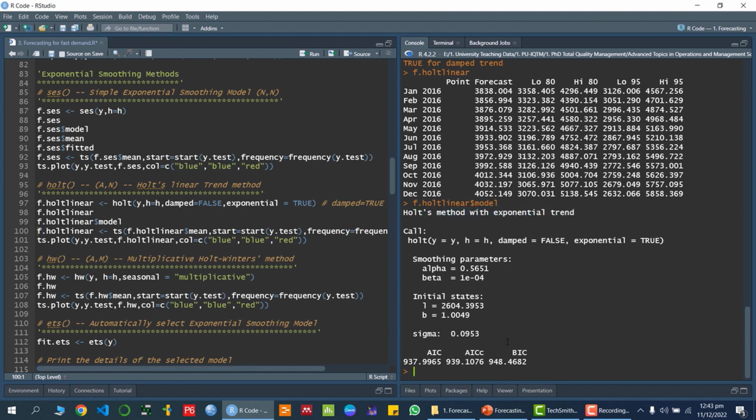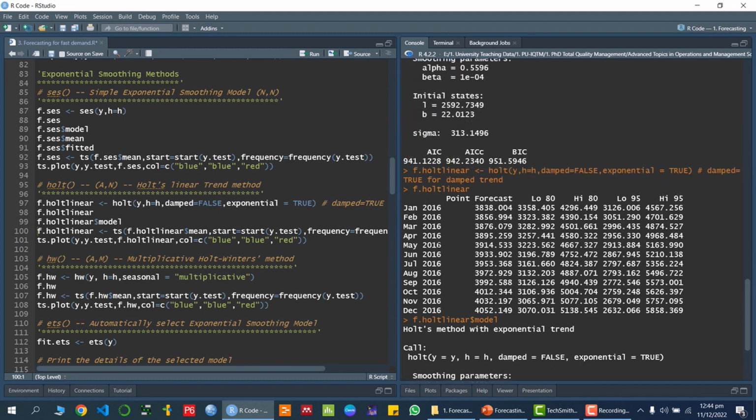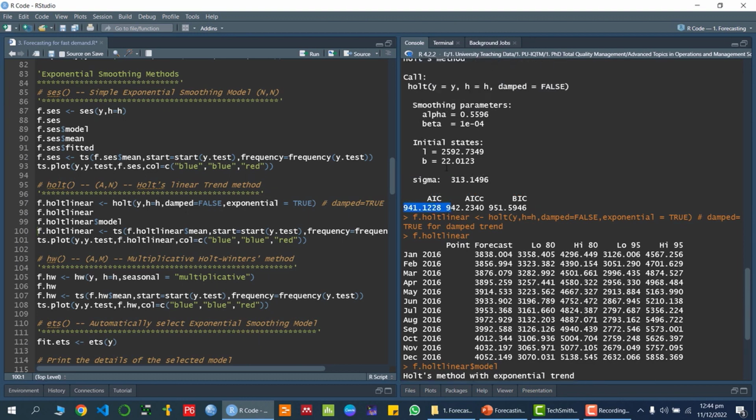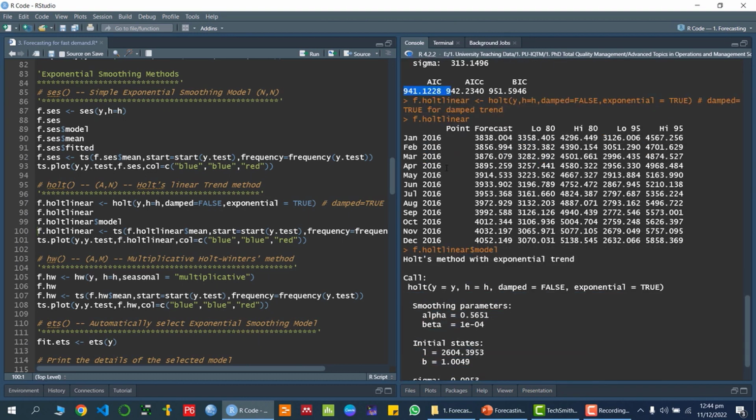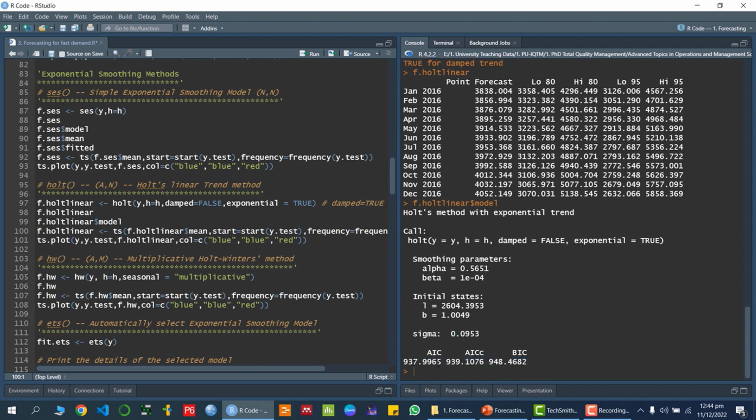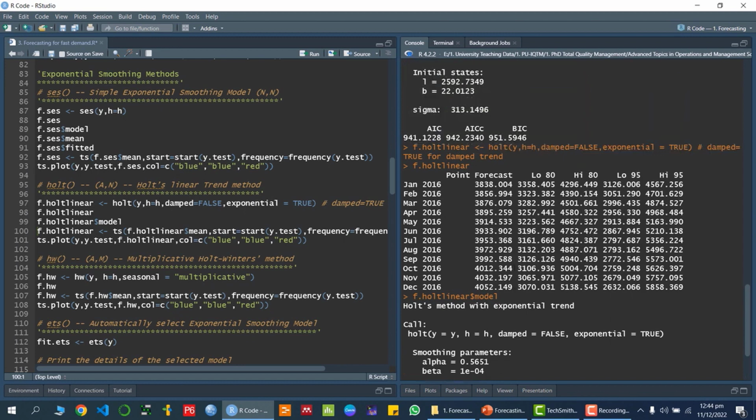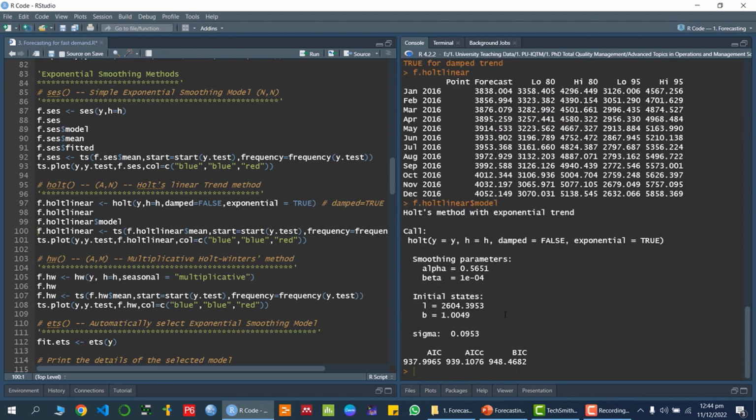Now if I am asking whether the linear trend is better or the exponential trend is better, based on Akaike information criteria, this is 937, and this is basically 941. It seems that the Holt's linear trend method is not better, but the exponential method is better because it has the lesser Akaike information criteria as well as Bayesian information criteria as well as the corrected one. So this one is the better one.